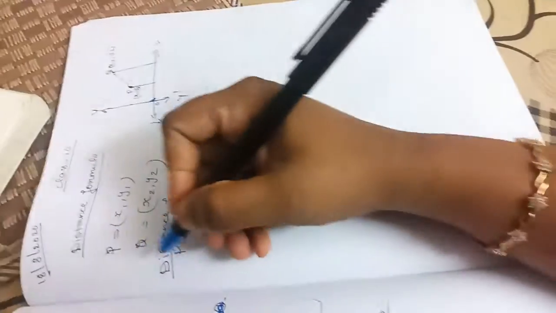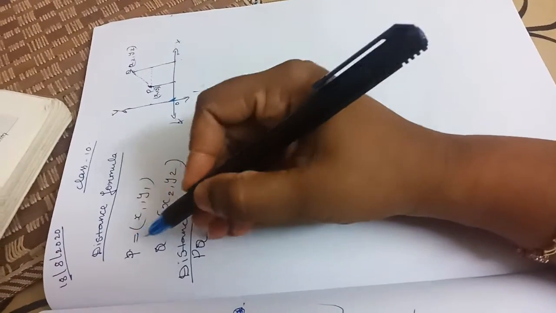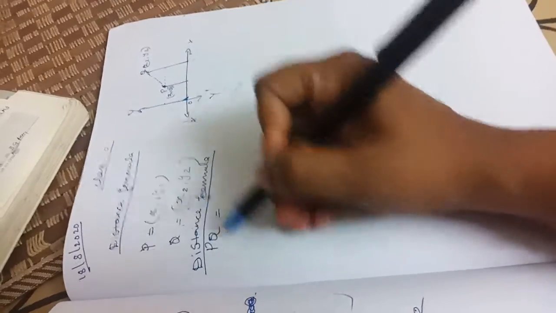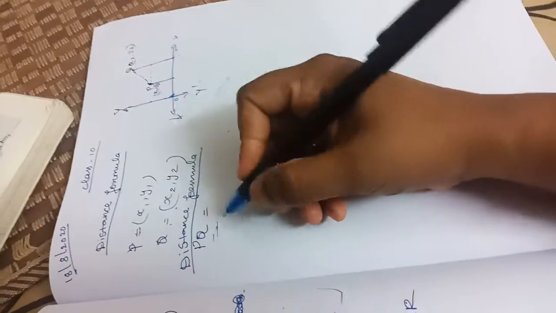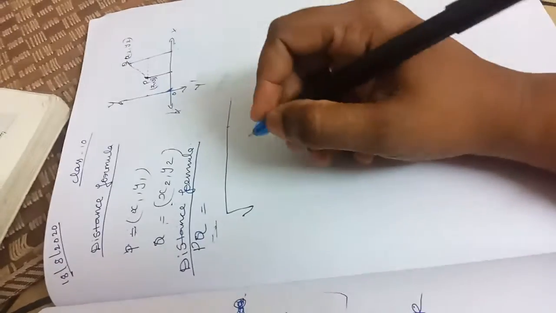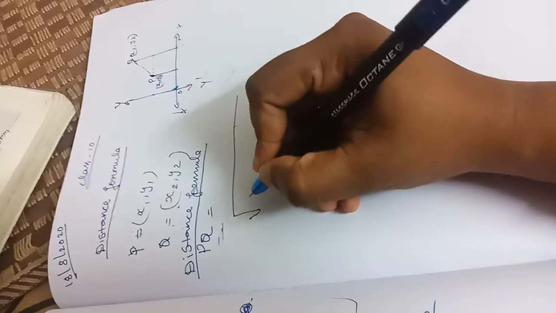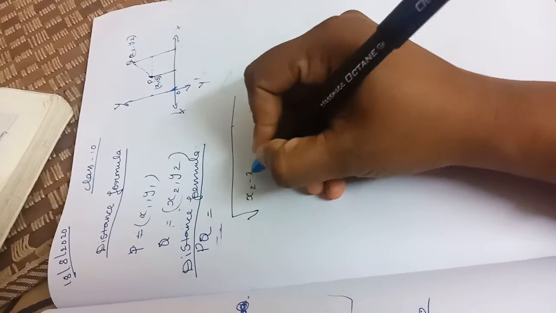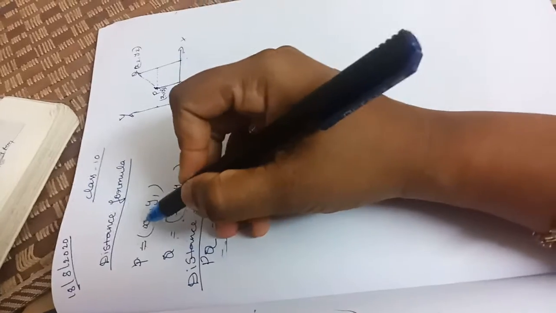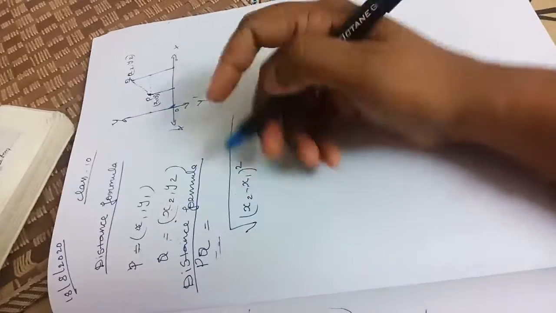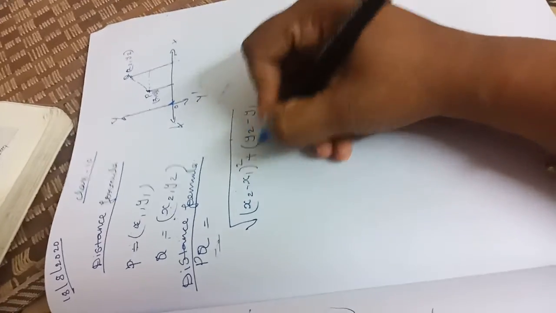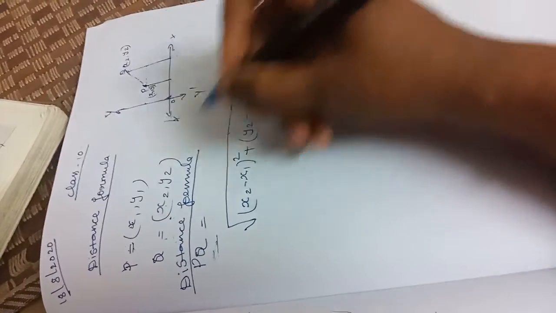So I am going to write the distance formula. Distance means if you want to calculate the distance between 2 points, then we will get the length of PQ. PQ we can find out by using the formula: root of x2 minus x1 the whole square, that means this minus this one the whole square, plus y2 minus y1 the whole square.